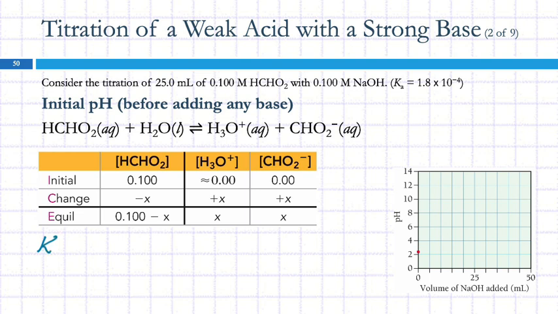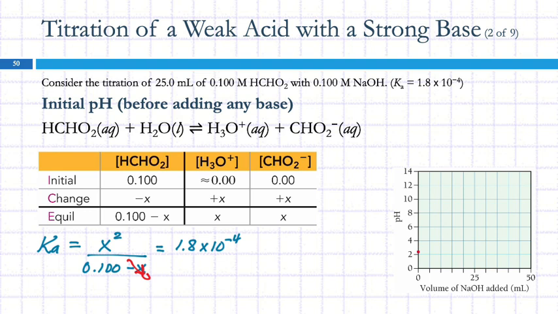And so we can say that Ka is equal to X times X divided by 0.100 minus X. And here Ka is 1.8 times 10 to the minus 4. You can use your solver, or you can do X is small. X is small takes this out.